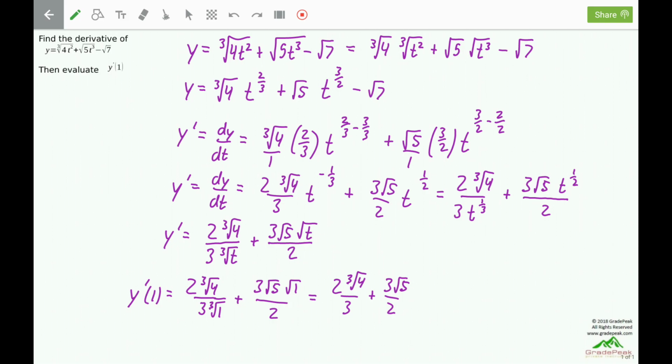The only other thing that we can do here is get a common denominator. We have a 3 and a 2. Common denominator will be 3 times 2, it'll be a 6. We can multiply this first fraction by a 2 over 2, and the second fraction by a 3 over 3. So 2 cubed root of 4 over 3 times 2 over 2 plus 3 square root of 5 over 2 times 3 over 3 will give us, multiplying the numerators, 2 times 2 is 4 cubed root of 4 over 6.